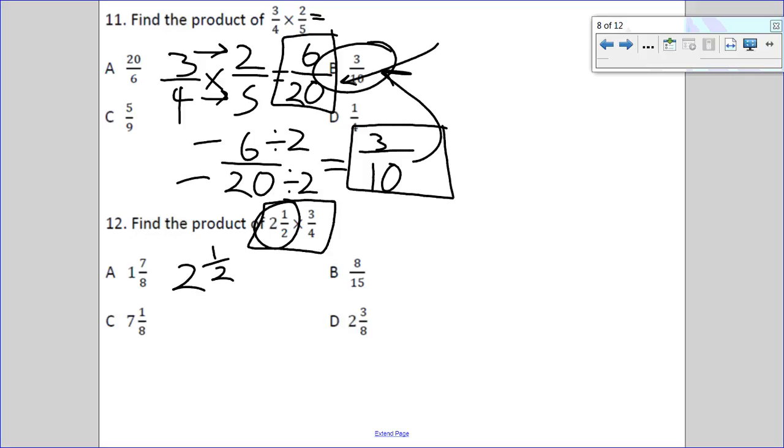We don't know how to do that yet. So we need to change this number into an improper fraction. Now, an improper fraction is a fraction where the number on the top is bigger than the number on the bottom. And they're always equal to 1 or more than 1, actually.